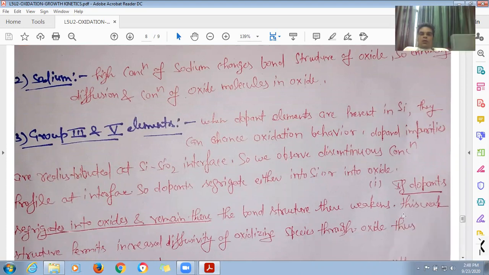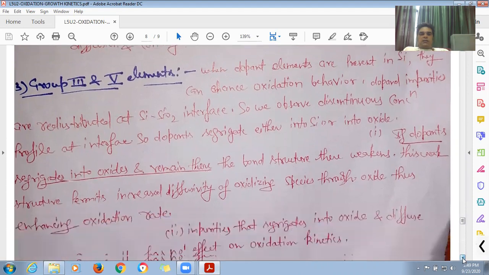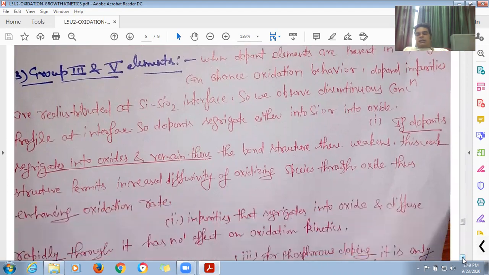Now group 3 and group 5 elements, or you can say the dopants: if the silicon substrate is already doped, then also the oxidation rate changes. When dopant elements are present, the oxidation behavior is enhanced. Dopant impurities are redistributed at the silicon dioxide interface.